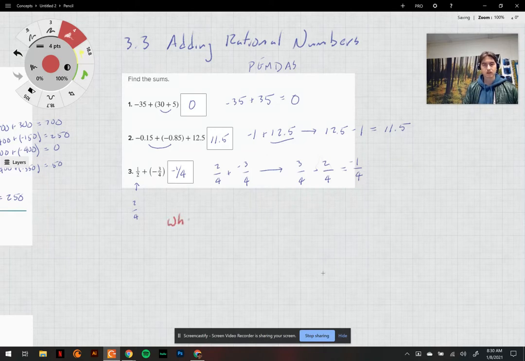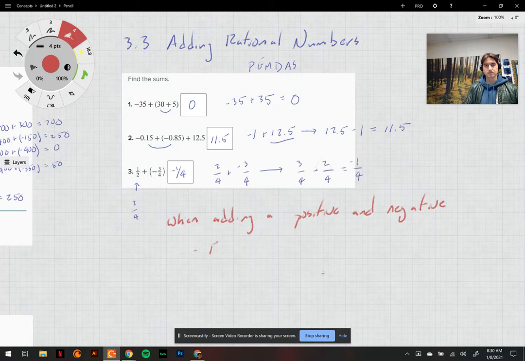So when adding a positive and a negative, first thing you need to do is find the difference between the two, or find the difference between values.